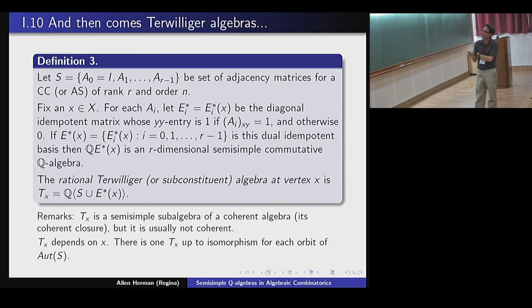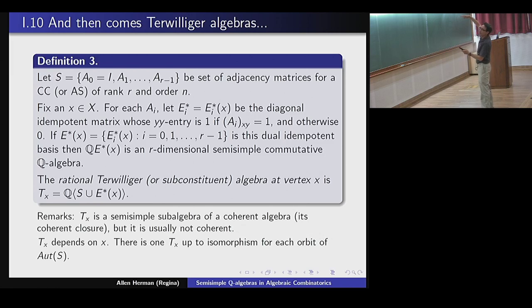For each, fix one of the points, x, that's being partitioned here. So this x is chosen to be one, say, row of the matrix. For each ai in the basis, you make a diagonal idempotent matrix from that row. You just make it diagonal and put the ones in the position where the ai has ones in that row.